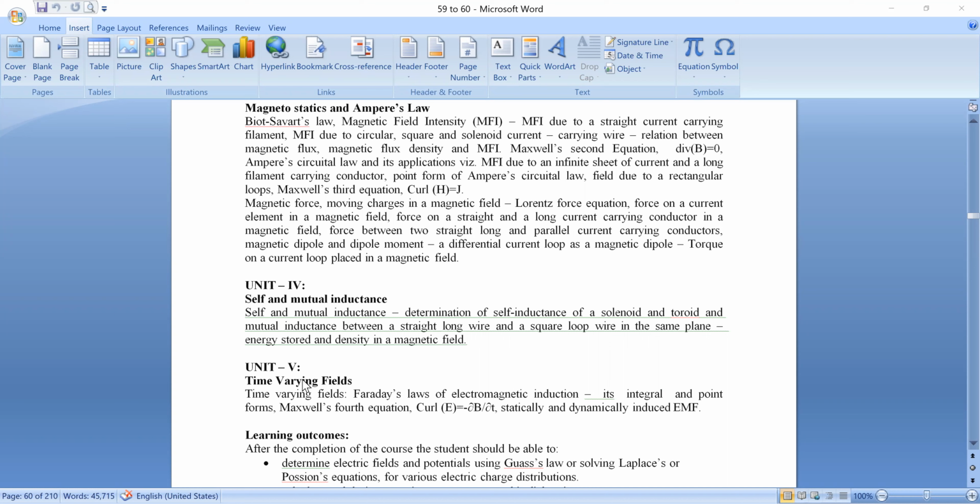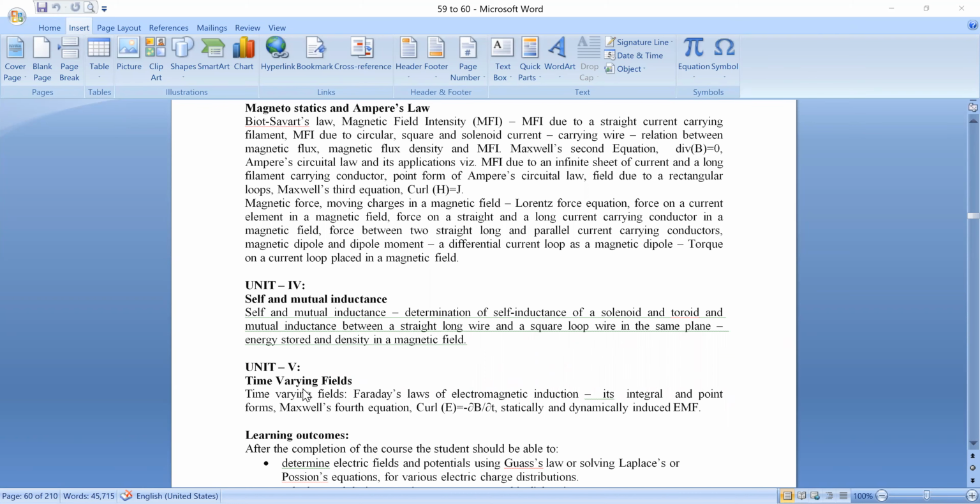And the next concept is Unit 5, time varying fields. In the previous chapters we discussed when charges are at rest, or when charges are moving with a DC velocity. That means the field is constant throughout the time. But in this chapter we have to discuss time varying fields. So here both electric and magnetic fields are variable functions.